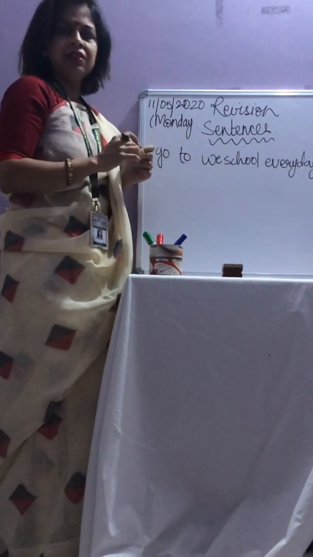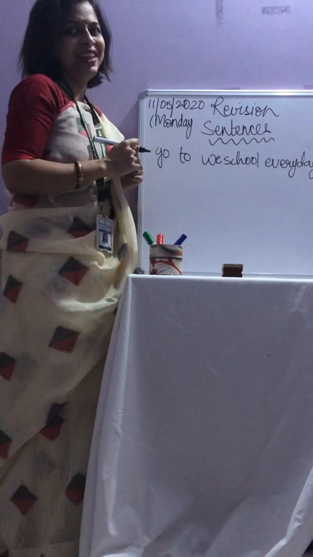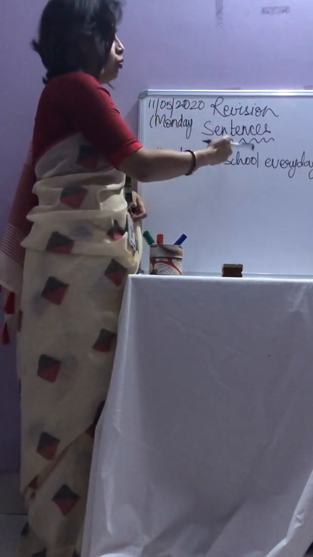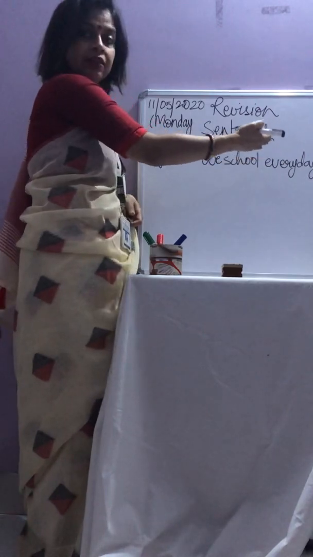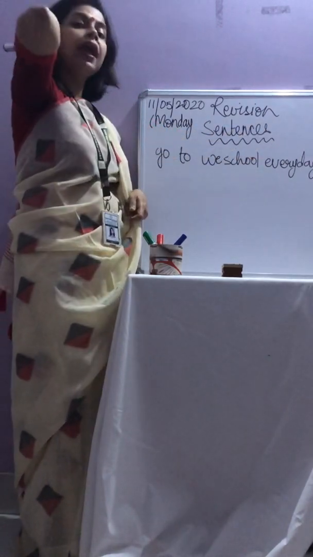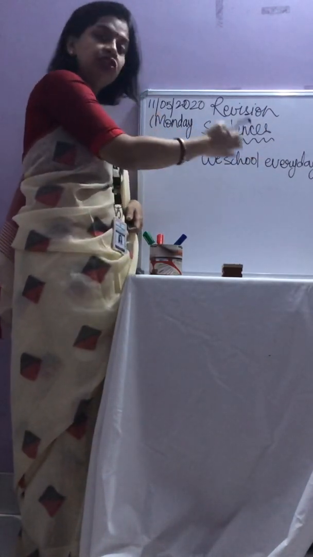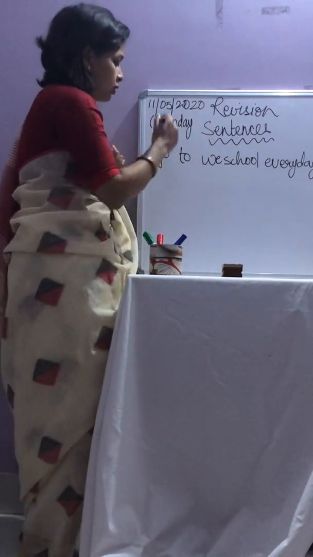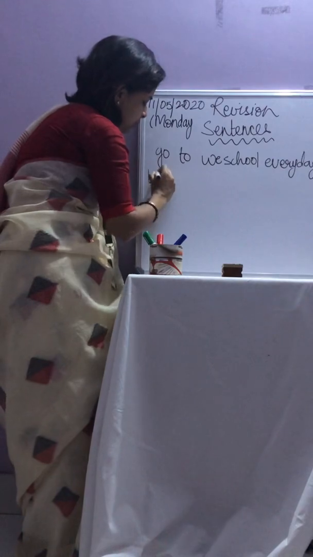Does it make sense? I'm sure I can hear you saying no. Yes, right you are, children. These words do not make a complete sense. So we have to arrange the jumbled words, isn't it? We have to rearrange the words to make a complete sense.